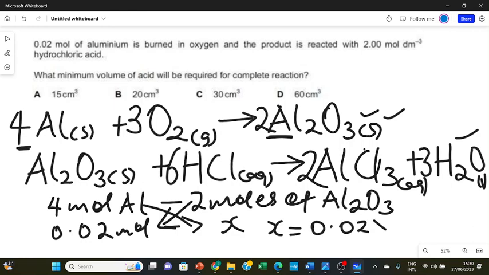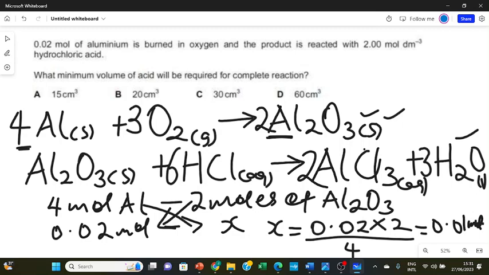So X, which is the number of mole of aluminum oxide, will be equal to 0.02 multiplied by 2, then divided by 4. Let me use my calculator: 0.02 times 2, so you have 0.01 mole.